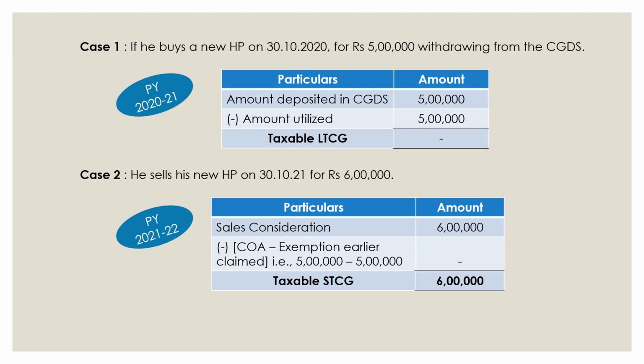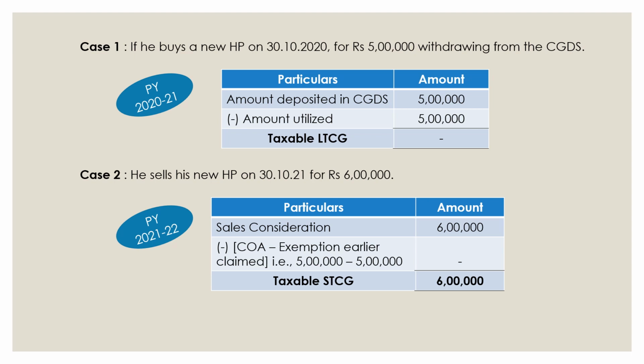So what we have studied in the provision, the amount which is deposited in the CGDS should be withdrawn and a new house should be purchased or constructed within 2 years or 3 years from the date of sale of the original asset. So in that case, we see within 1 year from the date of sale of the original asset, Mr. Raj buys a new house withdrawing from the CGDS for 5 lakhs.